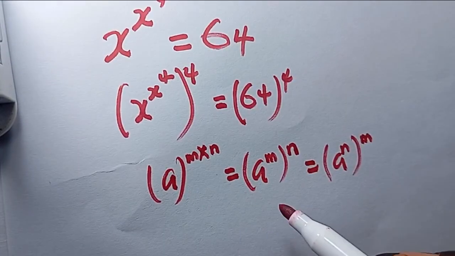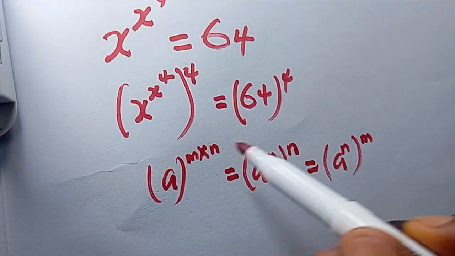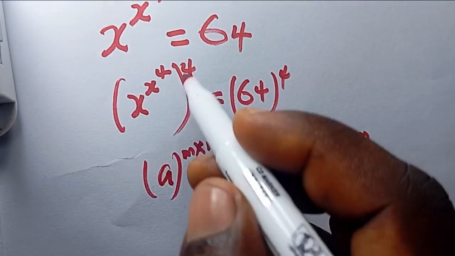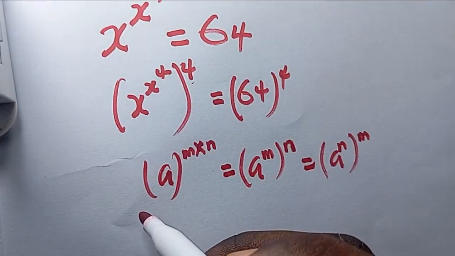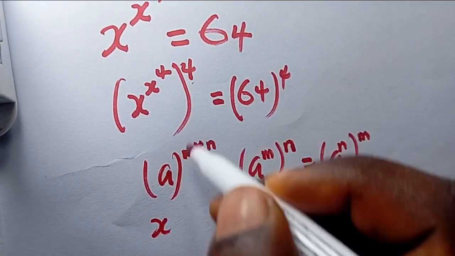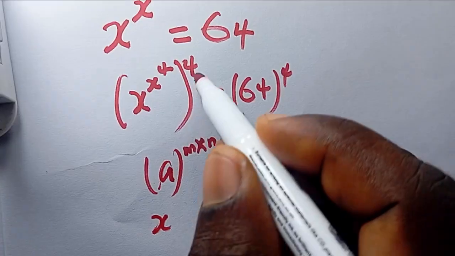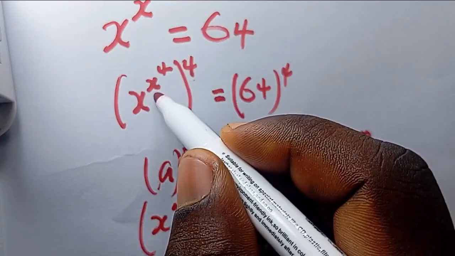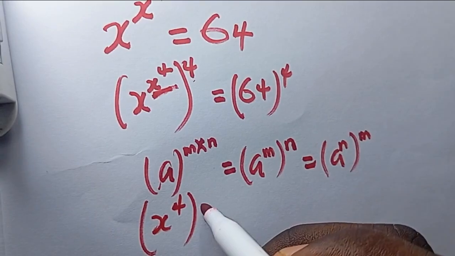Okay, so now I'm going to be utilizing this to solve this problem right here. So if I do that on this left hand side, this will change to x power 4, so I'll bring the 4 out.